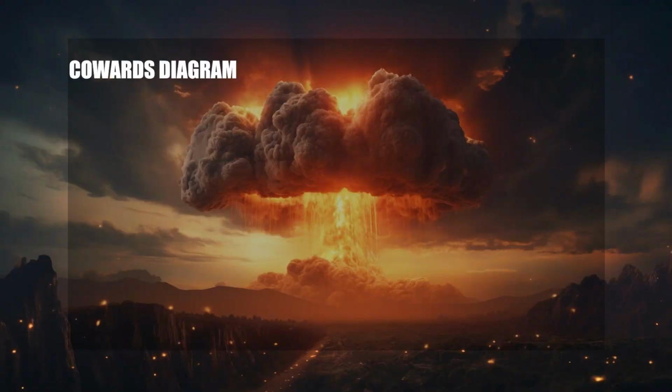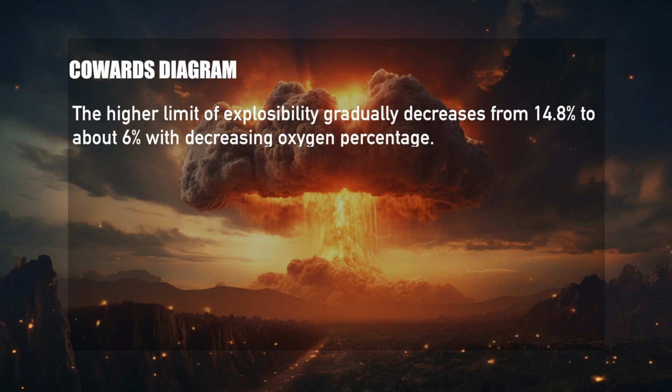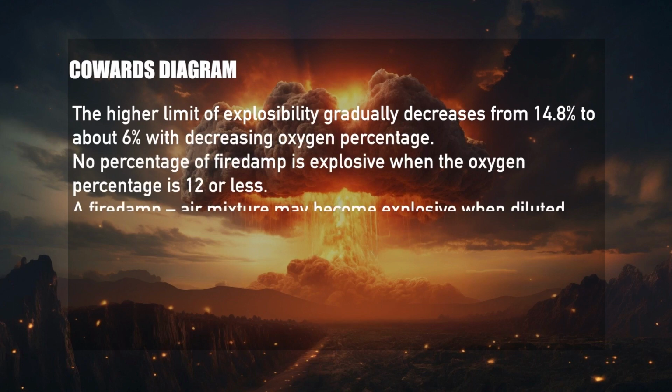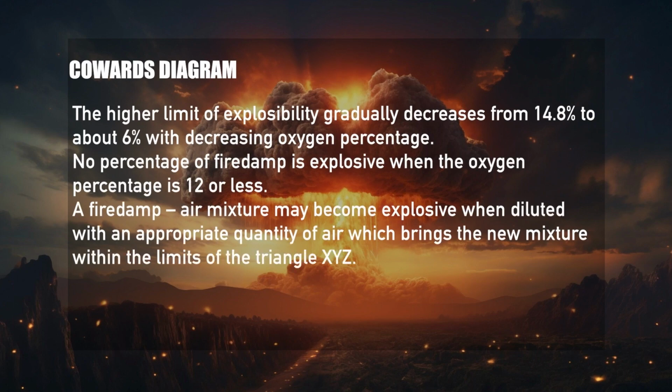The higher limit of explosivity gradually decreases from 14.8% to about 6% with decreasing oxygen percentage. No percentage of fire damp is explosive when the oxygen percentage is 12 or less.